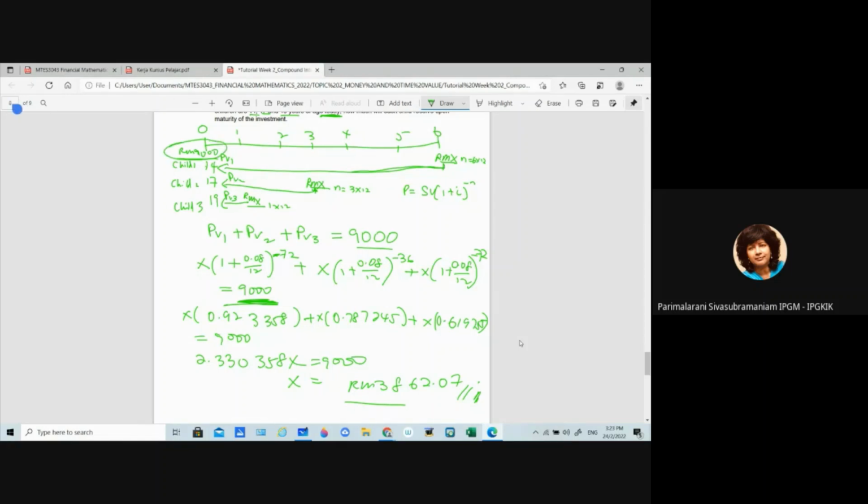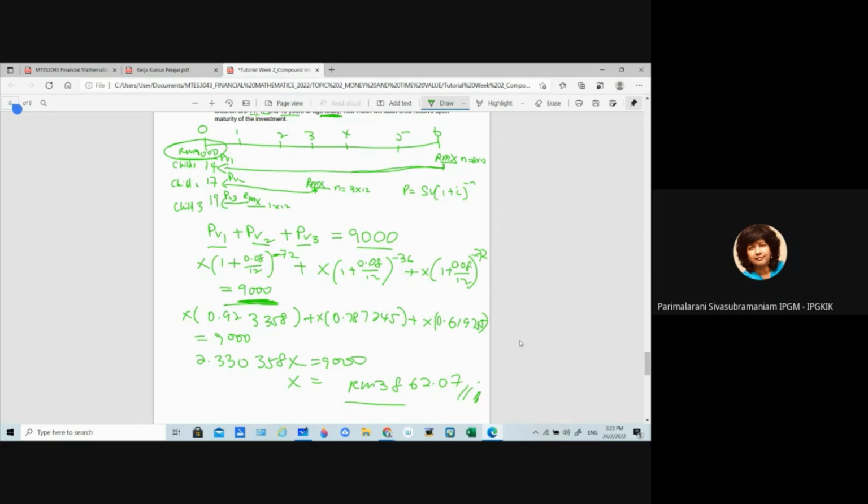So we want to know for each child how much they get today in present value. So we are calculating the present value for what they are supposed to get in the future, and we equate it with 9,000. Because we only know the present value, we don't know how much they're getting in the future.